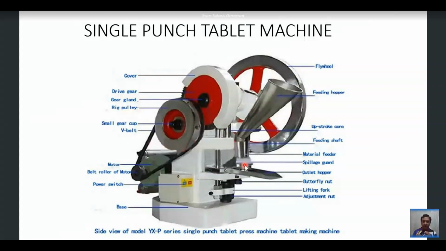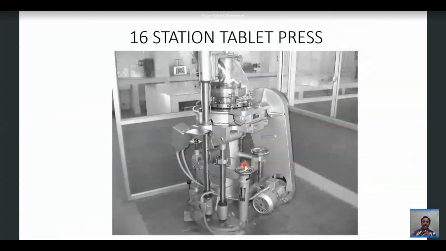Coming to the rotary press, this has more than two stations. You can say more than six stations is termed a rotary press or a multiple station tablet press. This is one of the pictures which depicts a 16 station tablet press. That means this is a tablet machine which has 16 stations or 16 punch sets. Likewise, there are different categories.